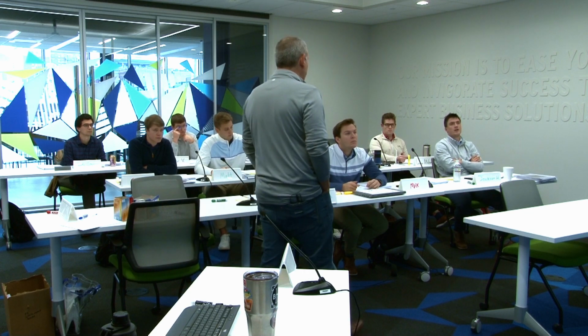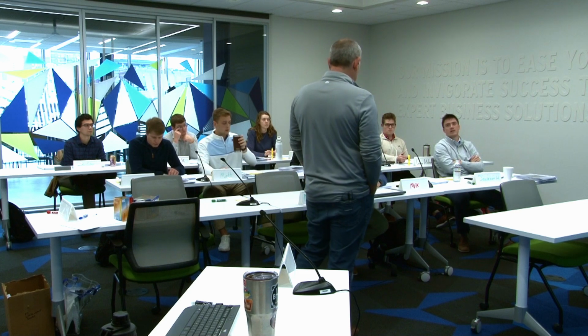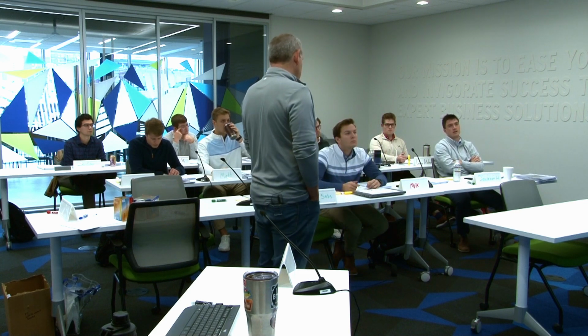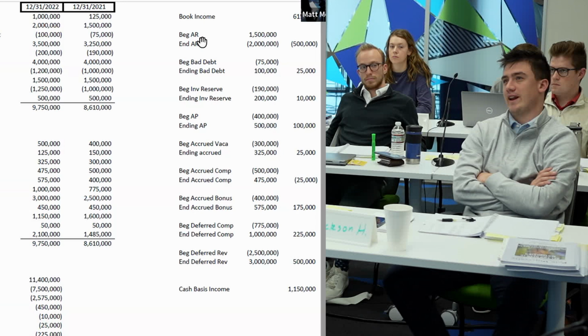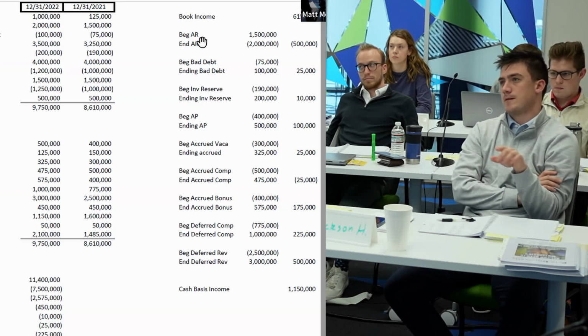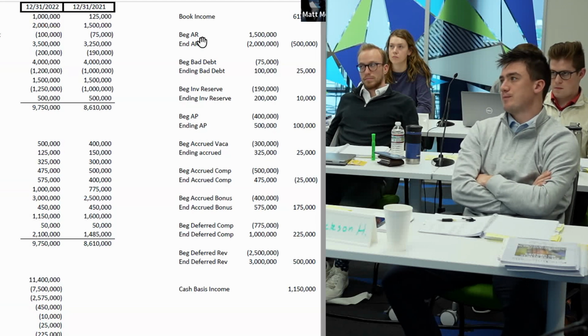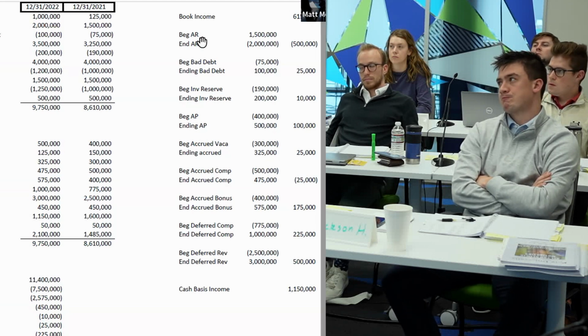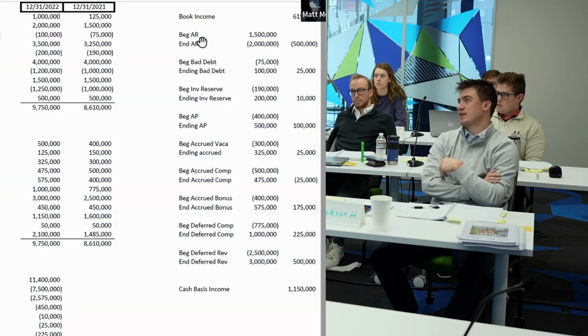The AR is an add back? Okay, so we're adding the beginning balance. And the ending balance, are you adding or subtracting? We're subtracting it. So is that the same thing we're doing with AP? It's essentially the opposite.